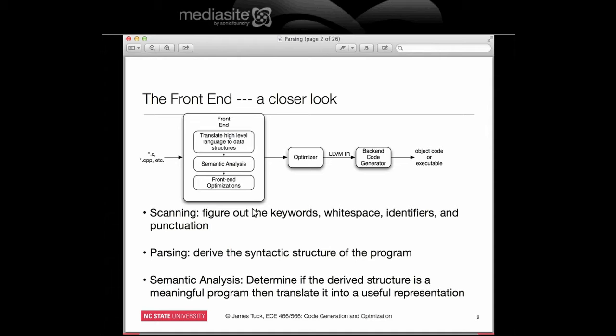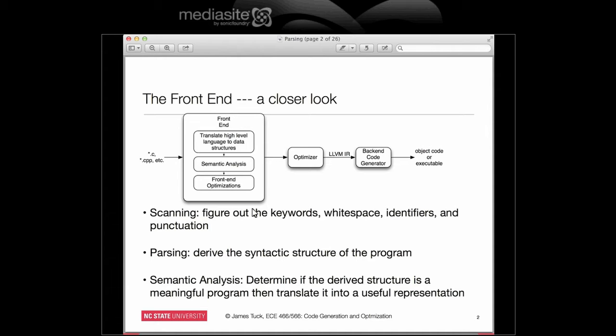The first part of that is scanning, figuring out the keywords, white space, identifiers, punctuation, etc. When we scan, we use regular expressions to identify all the tokens in the language. Once we find all those tokens, we want to make sure that the tokens are happening in a meaningful sequence. And we achieve that through the process of parsing.